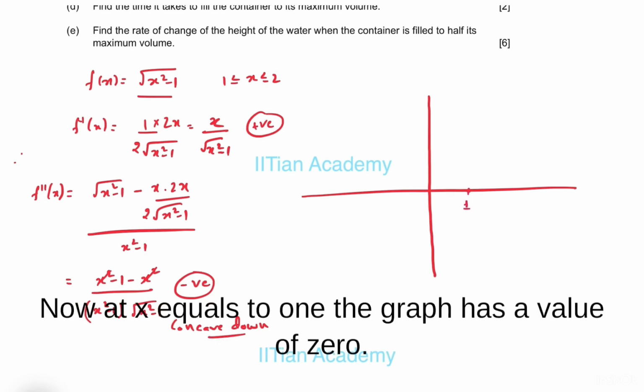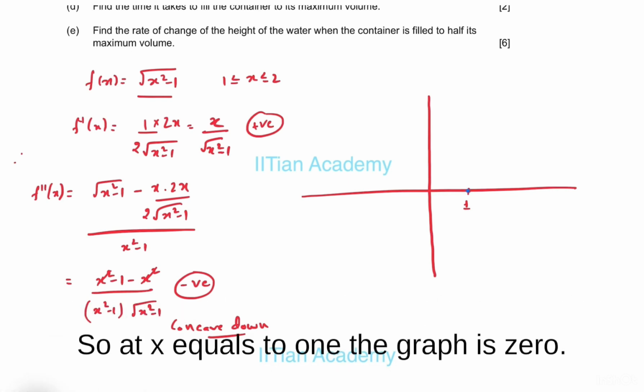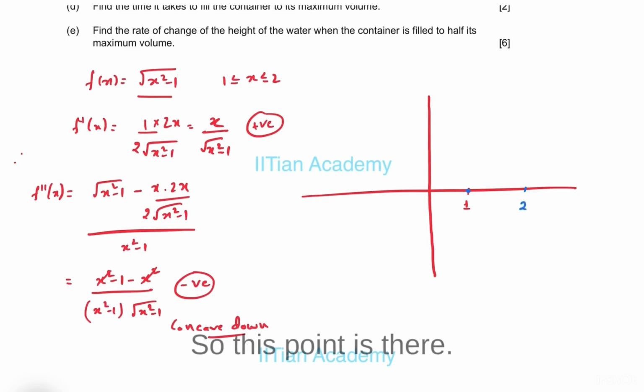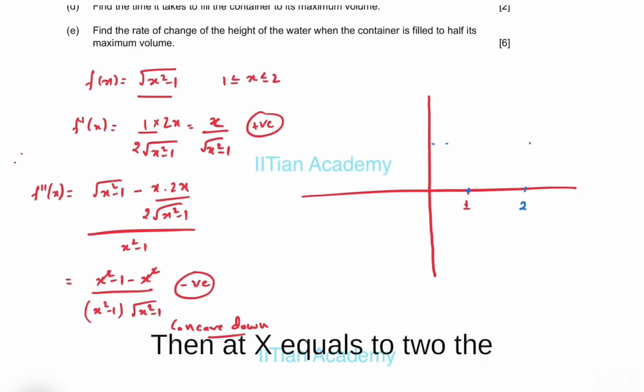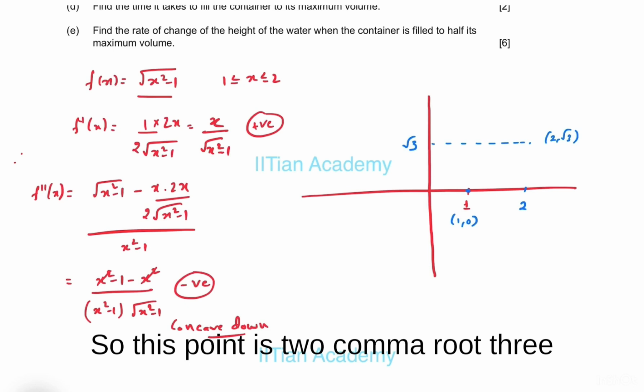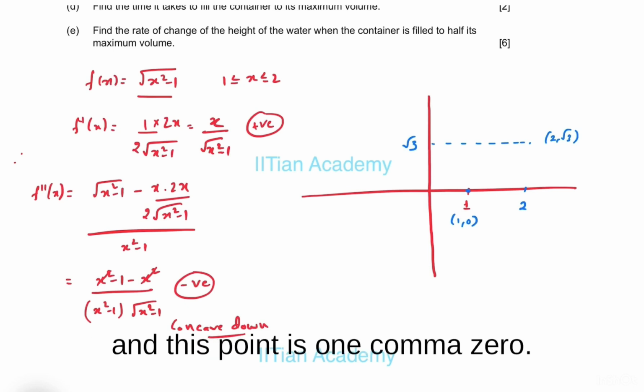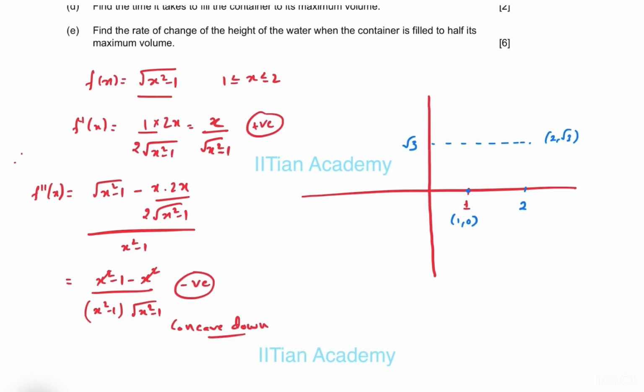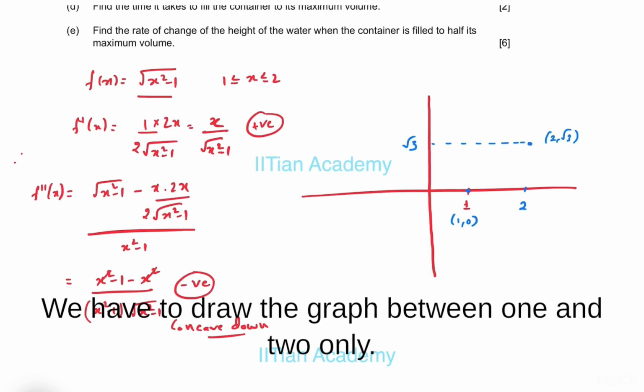Now at x = 1, the graph has a value of 0. So this point is there. Then at x = 2, the value of the graph is root 3. So this point is (2, root 3), and this point is (1, 0). We have to draw the graph between 1 and 2 only.